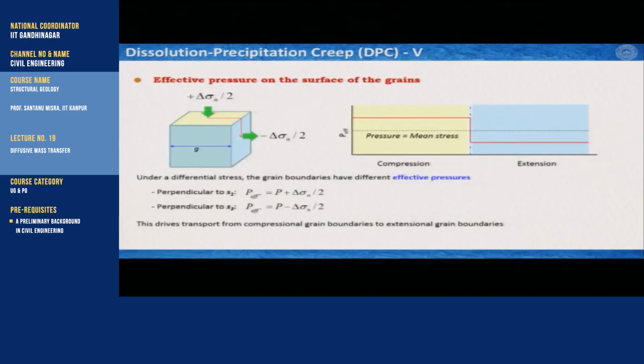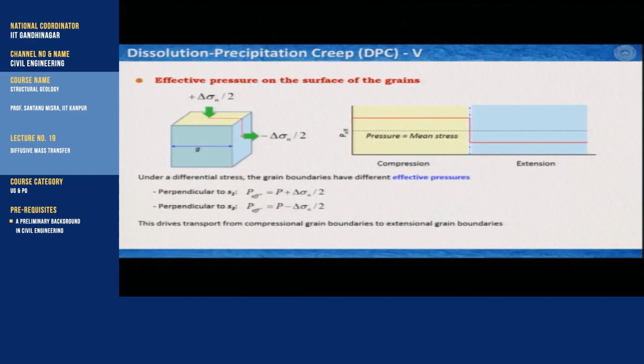Here we try to see what are the roles of pressure and chemical concentration in activating the dissolution precipitation creep.